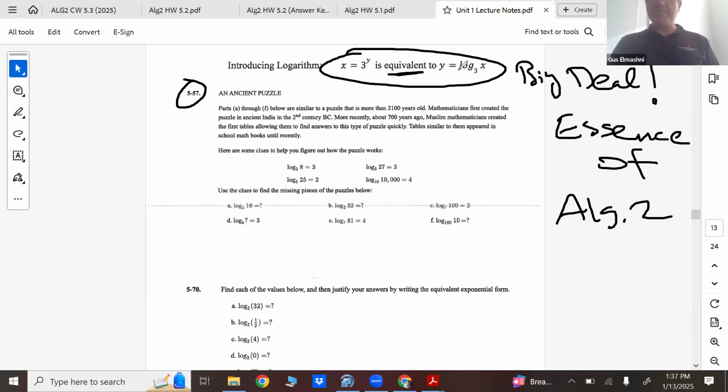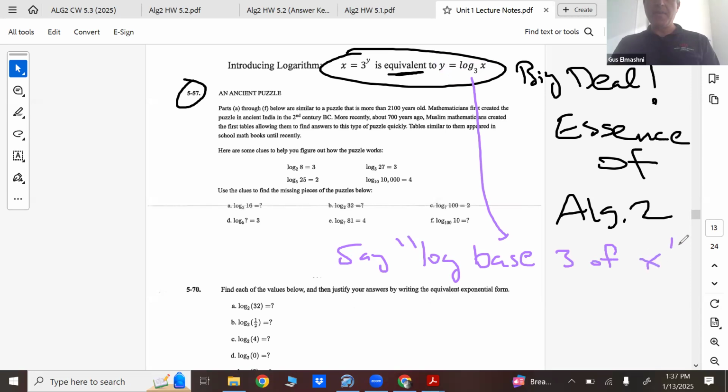Now, the way you say this, it looks kind of weird. You say it like this: log base 3 of x.